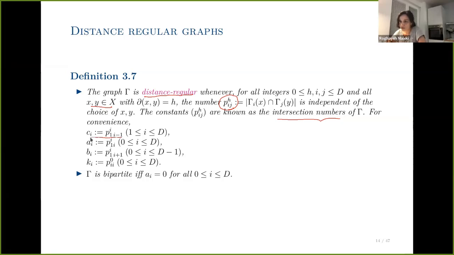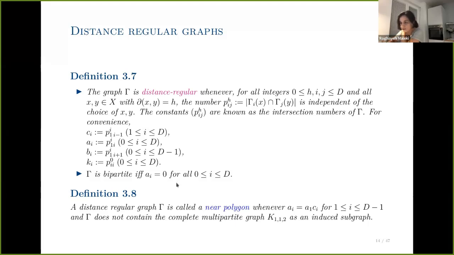And we can also denote these parameters pijh by ci, ai, bi as usual. And also we have ki, p0ii, and we say that our graph is bipartite if and only if ai equals 0.